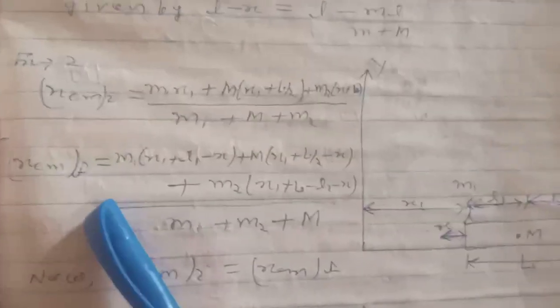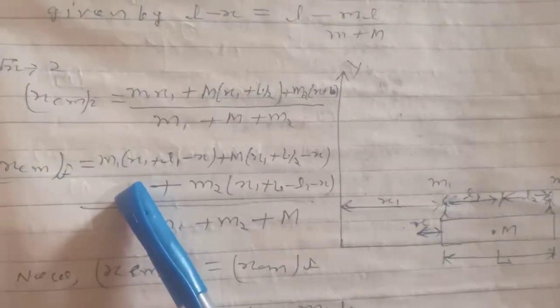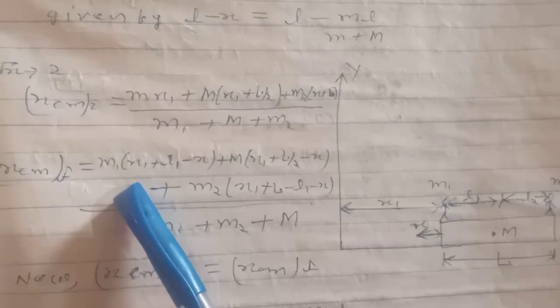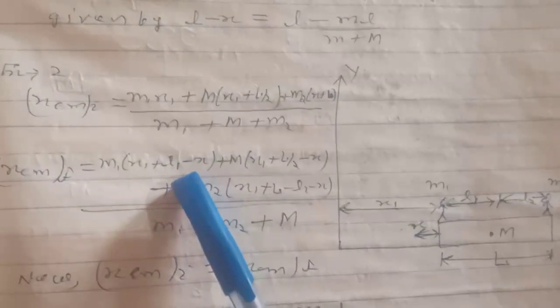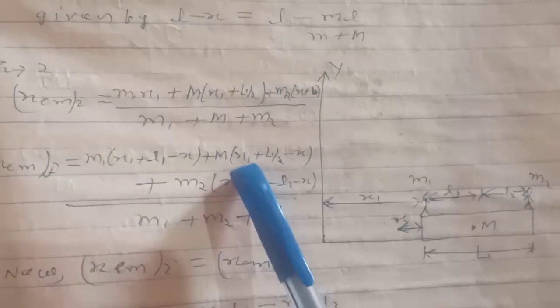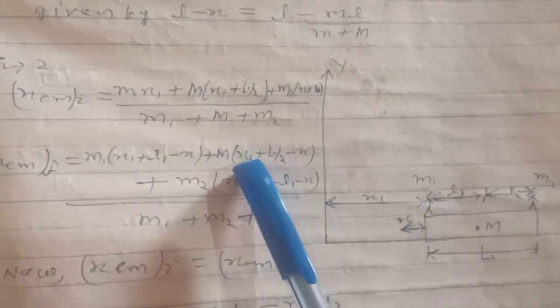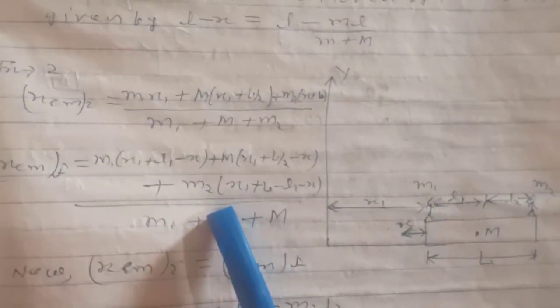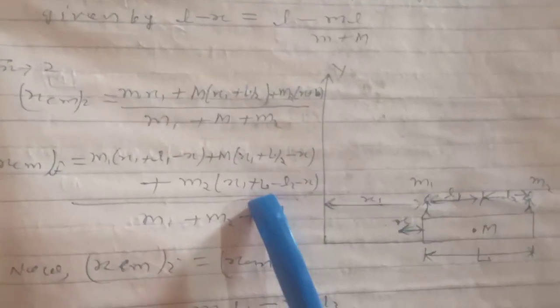And xcm final will be m1 into x1 plus l1 minus x, plus m into x1 plus l by 2 minus x, plus m2 into x1 plus l minus l2 minus x, divided by m1 plus m2 plus m.